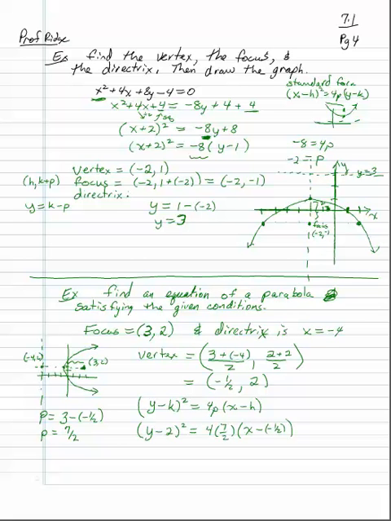Okay, and let's simplify. 4 times 7/2 is 14. So we get (y - 2)^2 = 14(x + 1/2). That's the equation of the parabola that meets the given conditions.